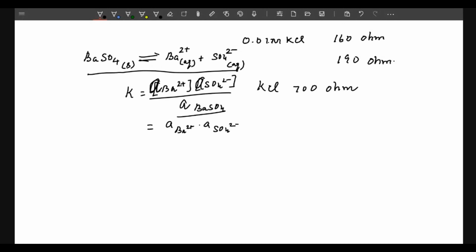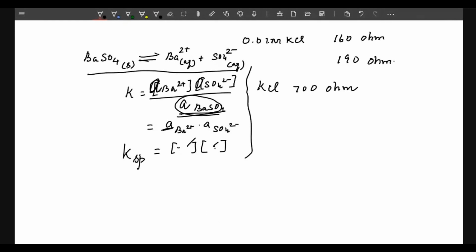Since the solution concentration is very, very small, in the case of activity, we can make use of the concentration. In the class, you are taught to derive like this. Therefore, now the K, we call it the solubility product of barium sulfate. Here the activity of the barium sulfate is taken to be unity. Therefore, this and this, you are going to substitute and you will be getting the answer.